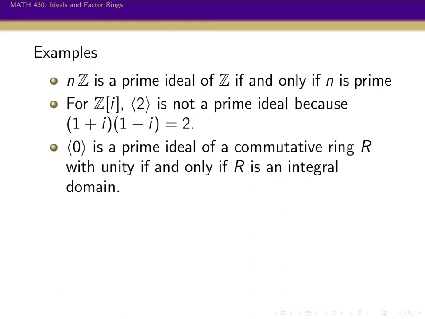So 0 is going to be a prime ideal of a commutative ring with unity if and only if R is an integral domain. And remember, R being an integral domain means R has no zero divisors.